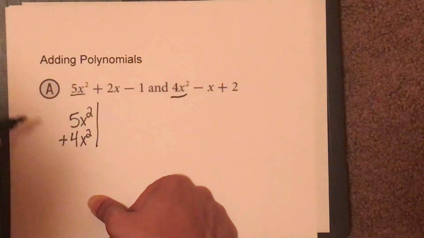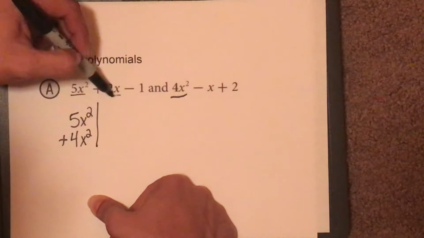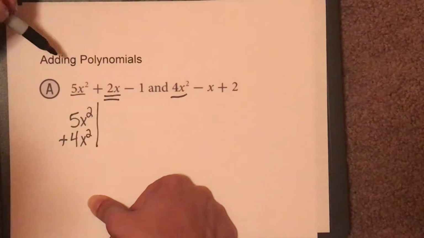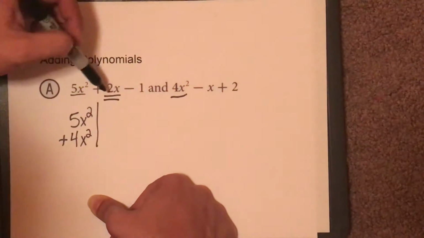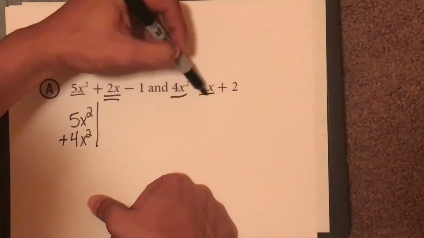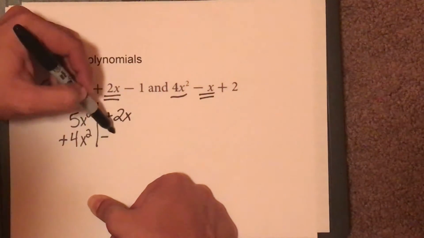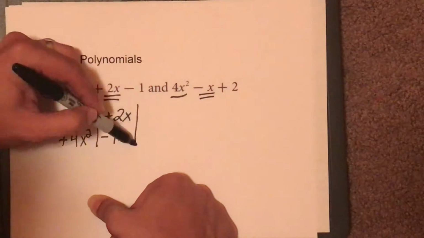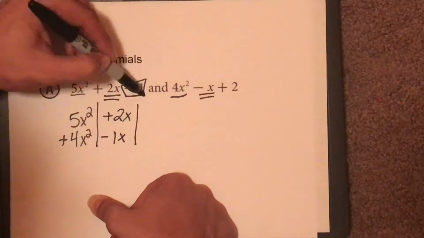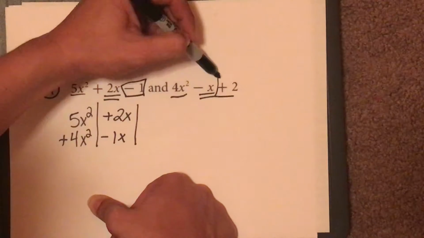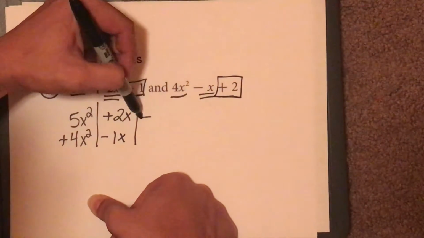This is adding. We have 2x squared. 2x, and we look for another x term, which is right here. So we have 2x minus 1x. And lastly, we look for constants. We have negative 1, positive 2.